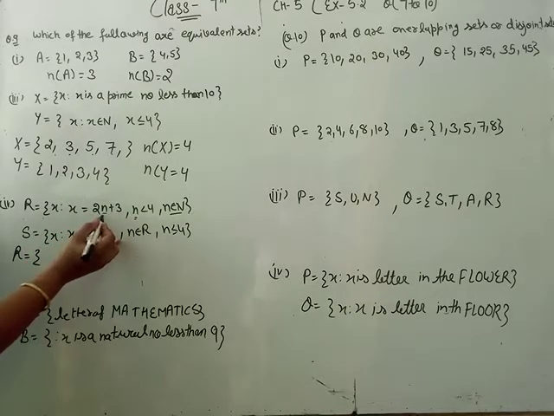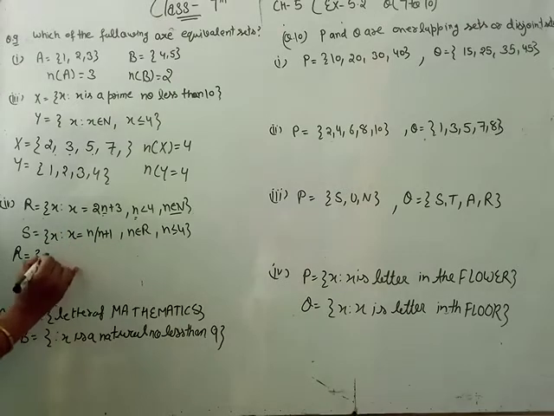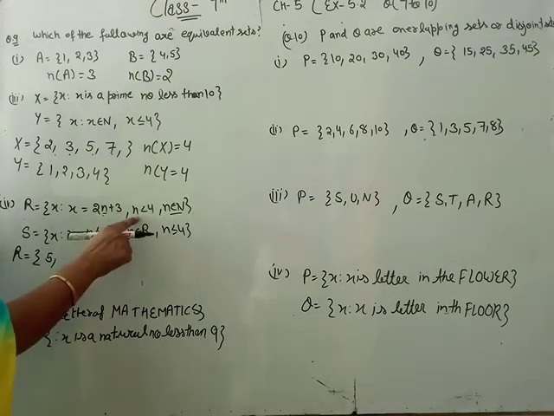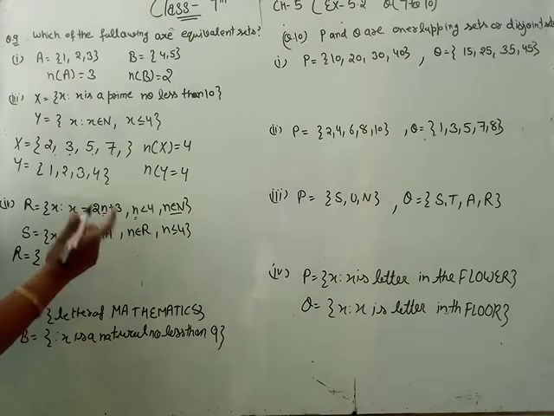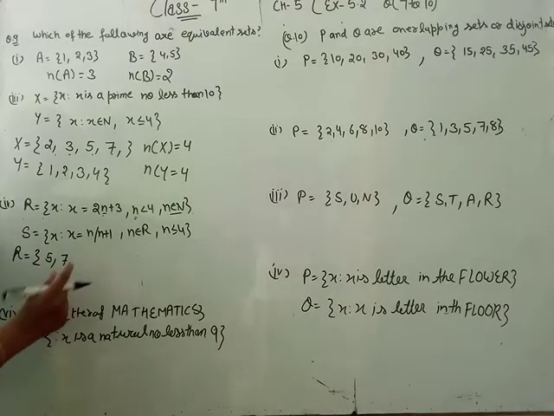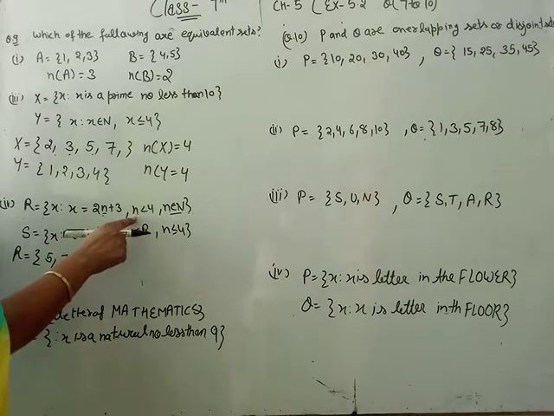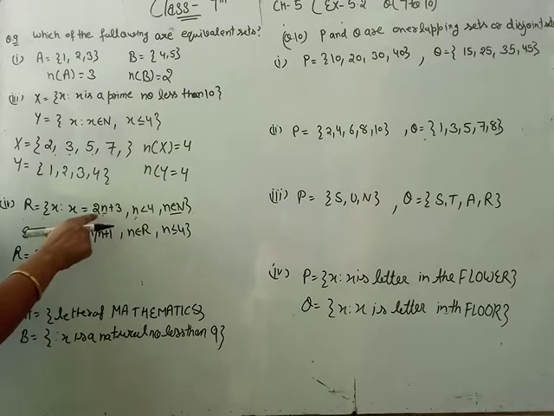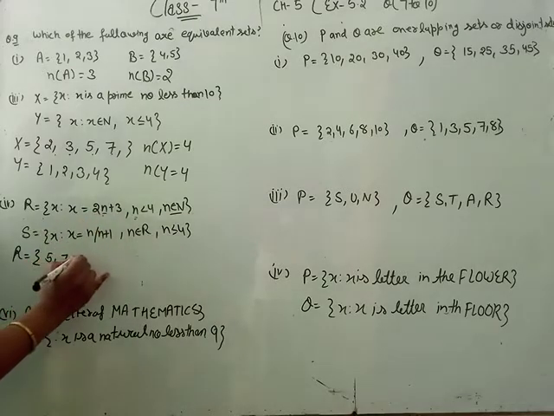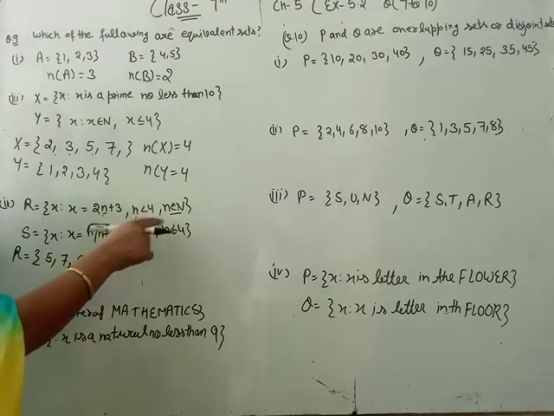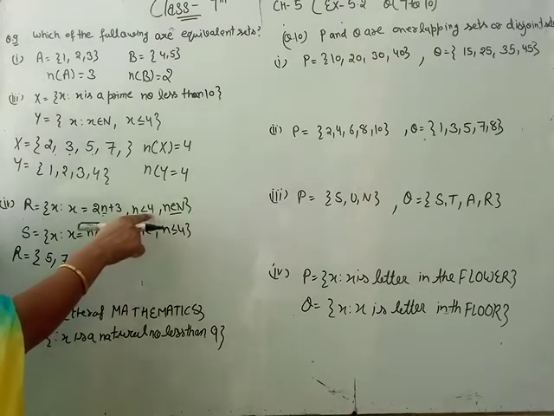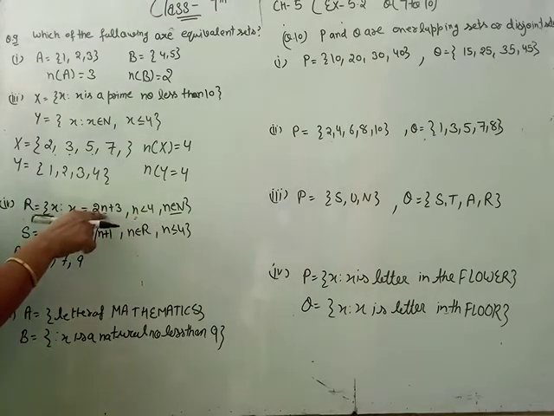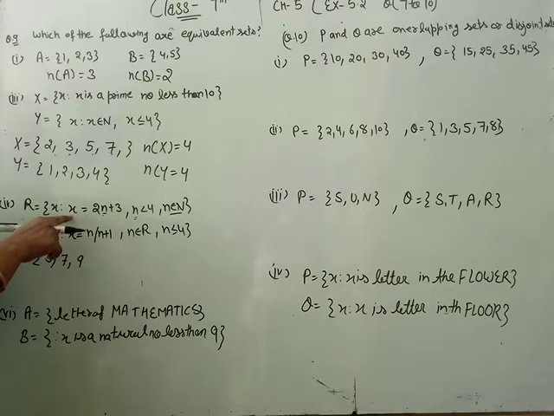In place of n we put 1. 2 into 1 is 2, plus 3, there is a 5. Next, if we take 2, 2 into 2 is 4, 4 plus 3, 7. Next, natural number less than 4, 3. If we take 3, 3 into 2 is 6, 6 plus 3, 9. And only these 1, 2, 3 are natural numbers less than 4, and we put values in place of n, 1, 2, 3, and this equals x in this set.